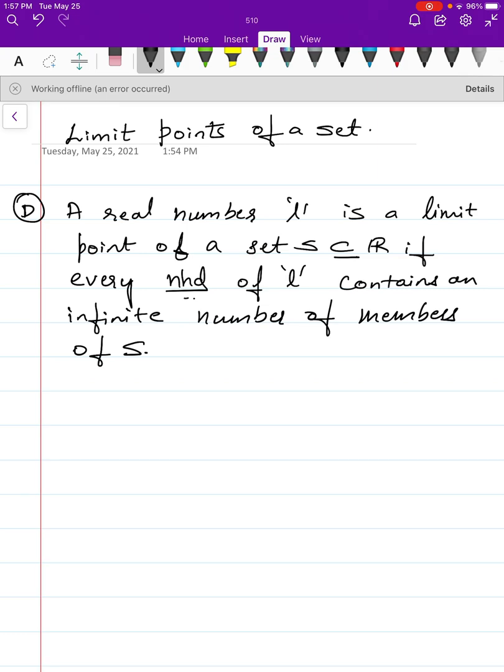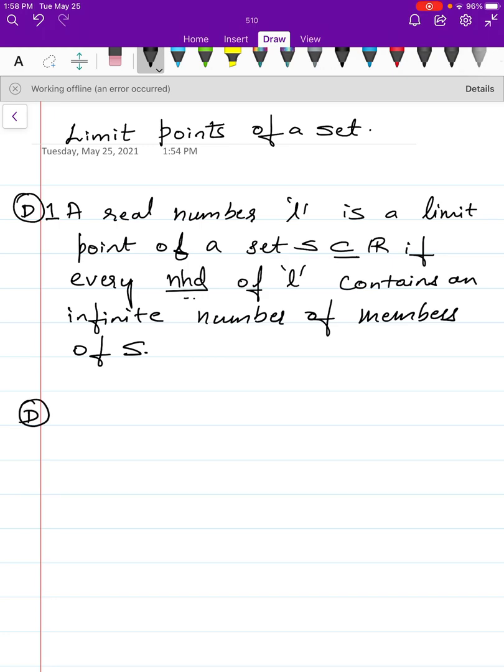So before we analyze this definition, let me define another definition of a limit point, and we shall analyze how one implies the other.